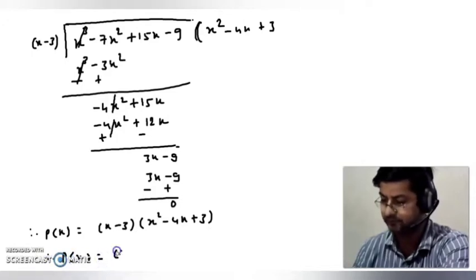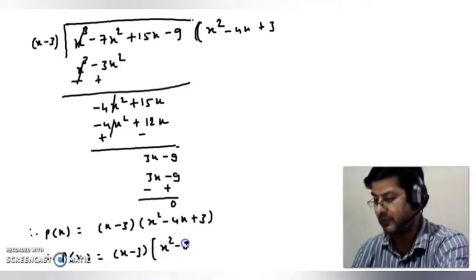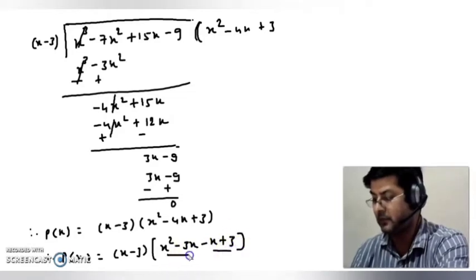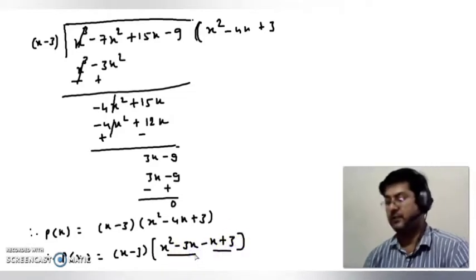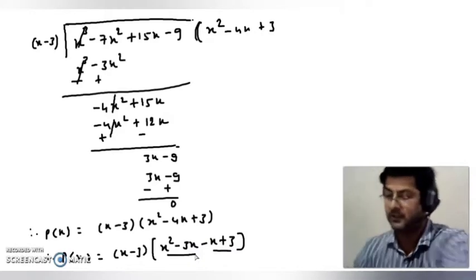Therefore p of x is x square minus 3x minus x plus 3. Okay, from the first two terms x common, and from the last two terms minus 1 common.